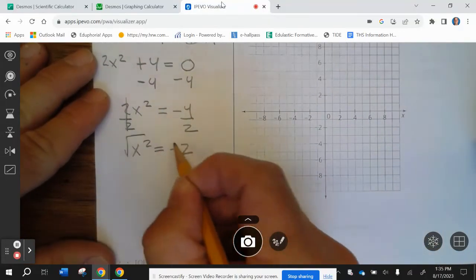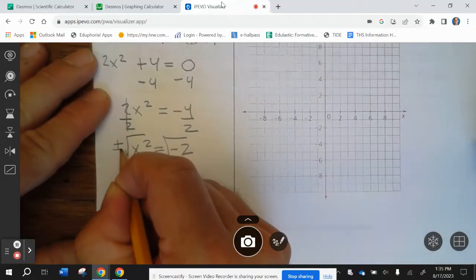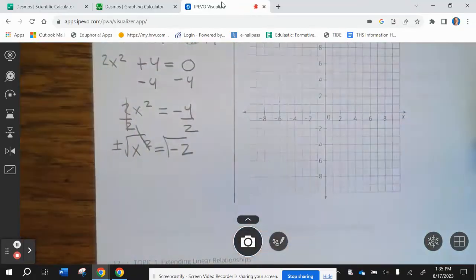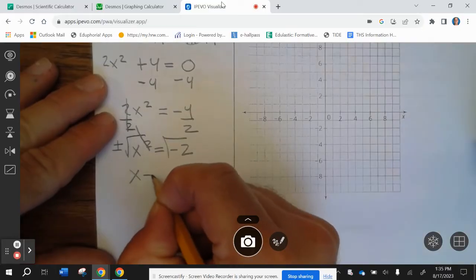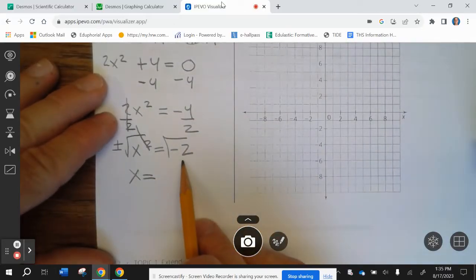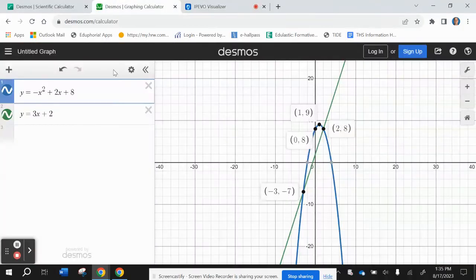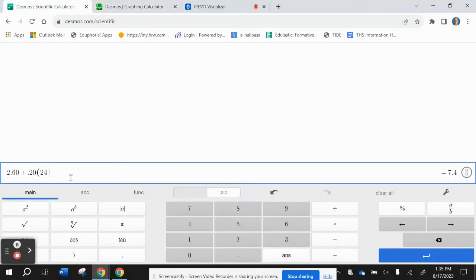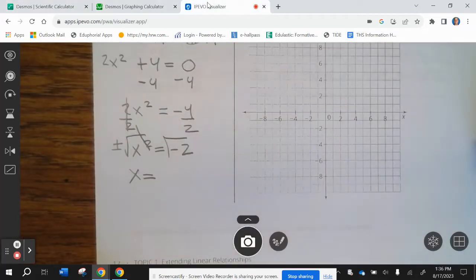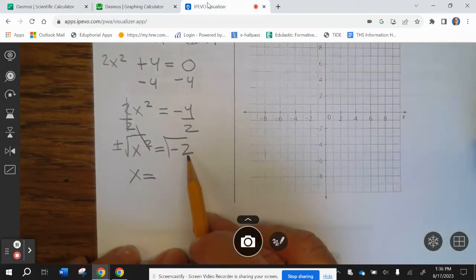Take the square root of both sides, plus or minus. The square root cancels the square. So then you get x equals the square root of a negative number. And let's just see what happens when we do that here in the calculator. So the square root of negative 2 is undefined, okay? And the reason why it's undefined is because this is an imaginary number.